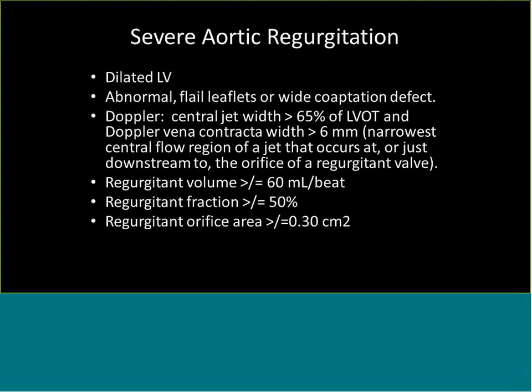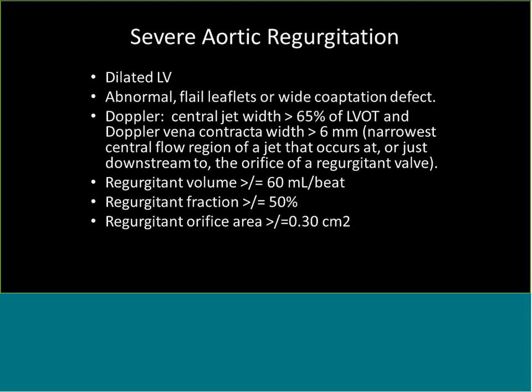On Doppler, there's a central jet width of greater than 65% of the left ventricular outflow tract. So when you see that the regurgitant volume is taking up 65% of the LVOT, it is a criterion. The Doppler vena contracta, again, I'll look that up because I wasn't sure about the vena contracta. That's the narrowest central flow region of the jet that occurs at or downstream to the orifice of the valve.